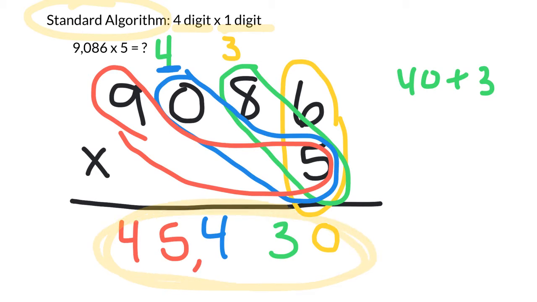Let's see another way that you could do this same multiplication problem. Another strategy that you can use to do 4 digits times 1 digit is the partial product strategy. Partial means part, and product means to multiply. So it basically means that we're multiplying each part of the number one at a time.